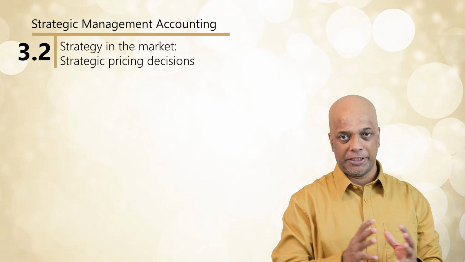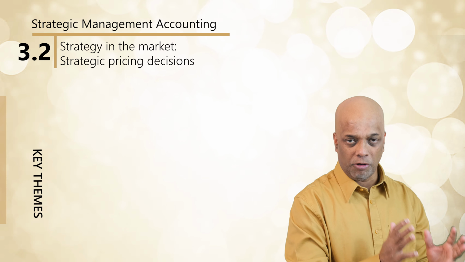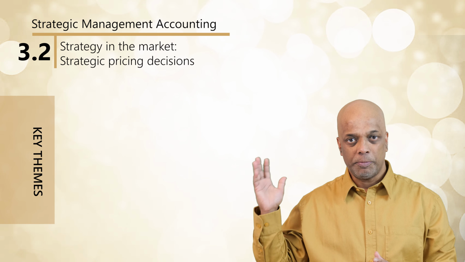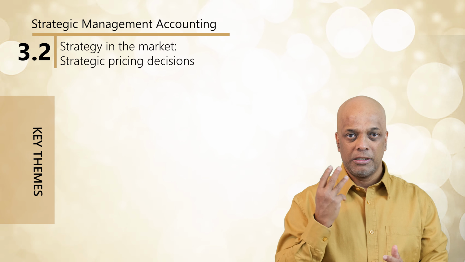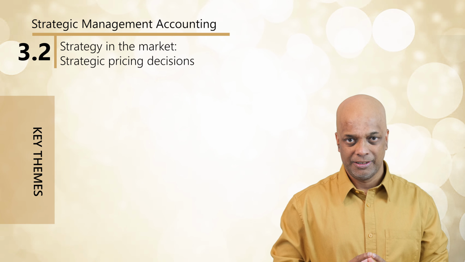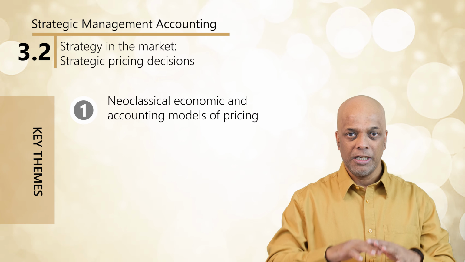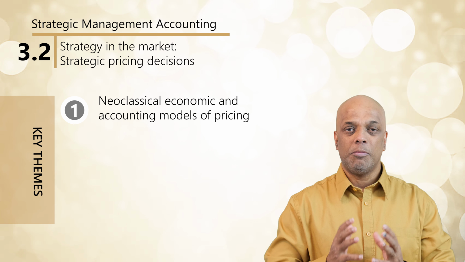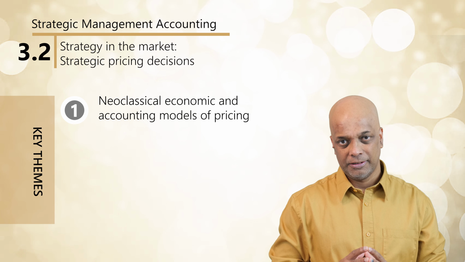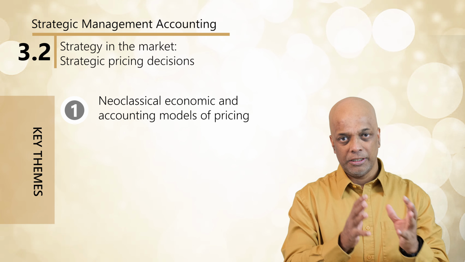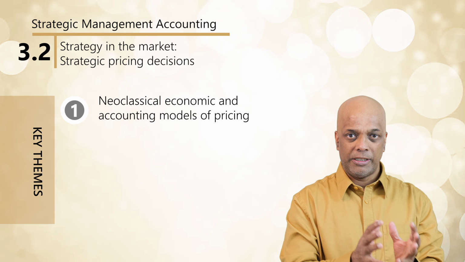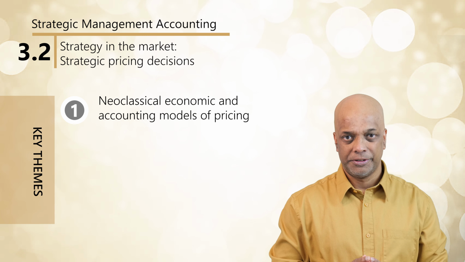In the previous lecture, which was the part 1 of this topic, I mentioned that this topic was organized around 3 key themes. The first one was neoclassical economic model of pricing and accounting model of pricing. We discussed these two models of pricing together with their weaknesses.